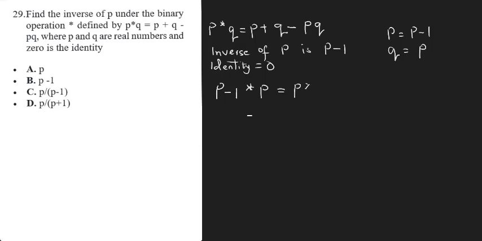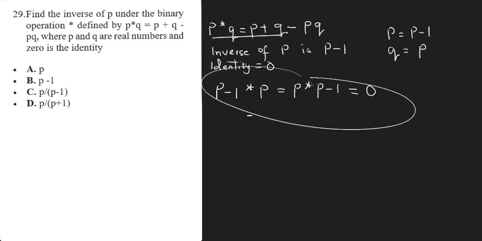It is set like this, which is equal to the identity 0. So if you have this, we're going to substitute this statement into this equation. So let's go substituting.